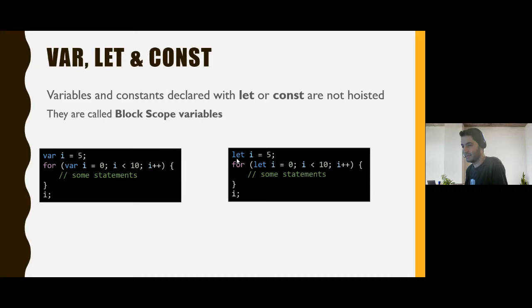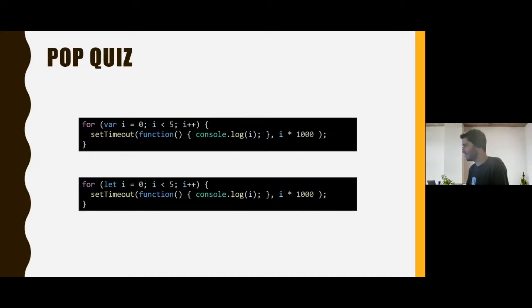All right. So another pop quiz. And this one is a bit tricky. I'm gonna ask again, what's gonna be printed at the console? So I have here a for loop, right? One with the var and one with the let.